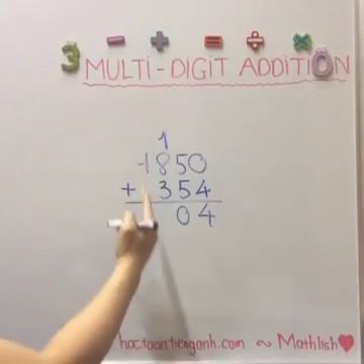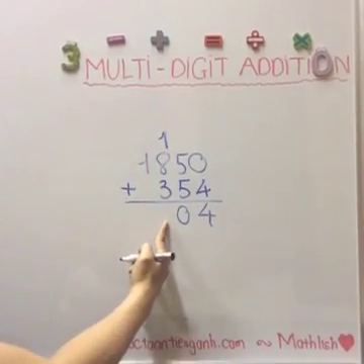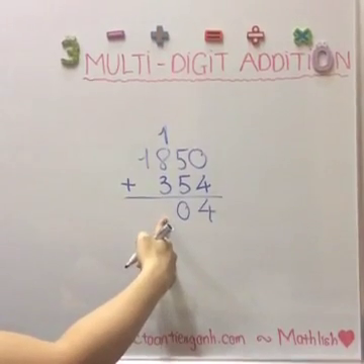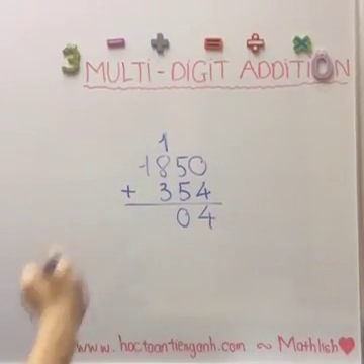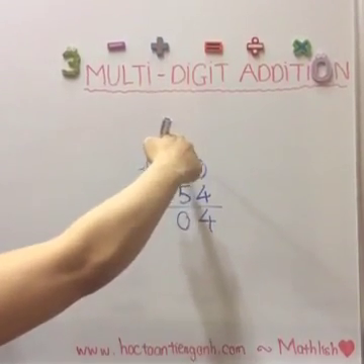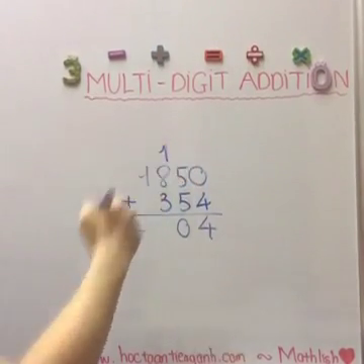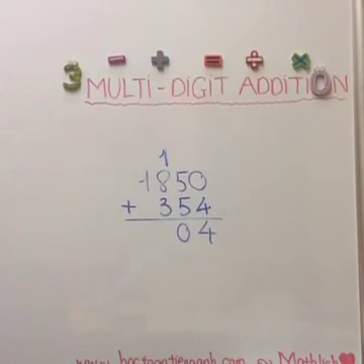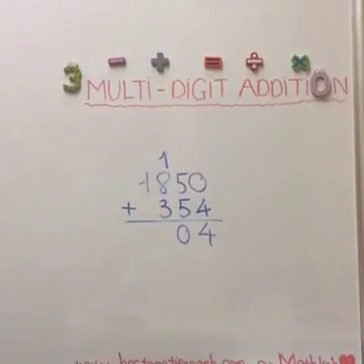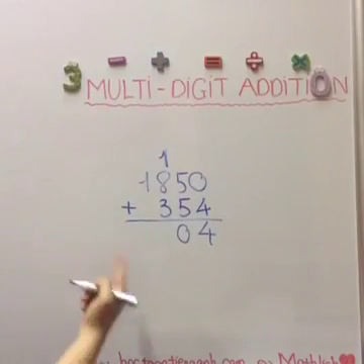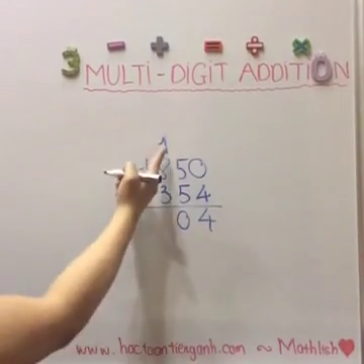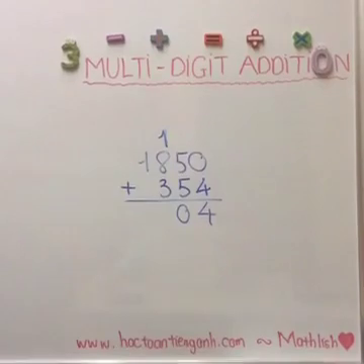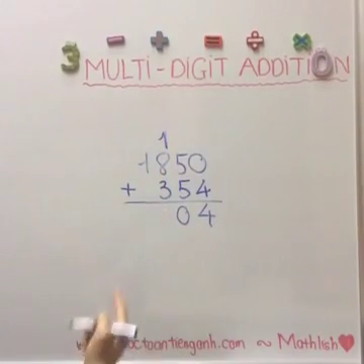Instead of putting it in the answer space, we put it above the other digits in our hundreds place column, so that we can add it with the rest of the digits in that column. So you can see the 1 is going to go in the hundreds place of the answer, just not by itself.